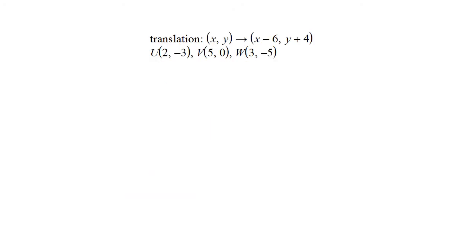All right, let's go ahead and look at this one. This one is given in notation, no interpretation, exactly what to do to all of those x's. So underneath all the first values, I'm going to write minus 6. And now the y's, I've got to write underneath those, the second values, plus 4. All right, U prime, let's do the math. 2 minus 6 is negative 4.